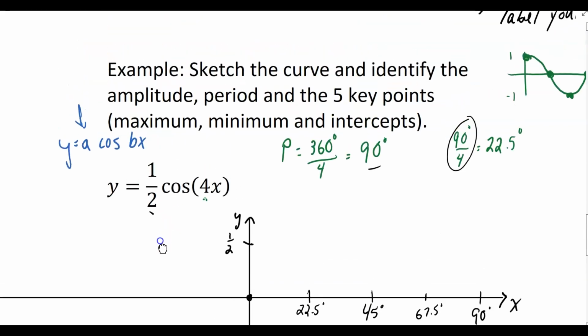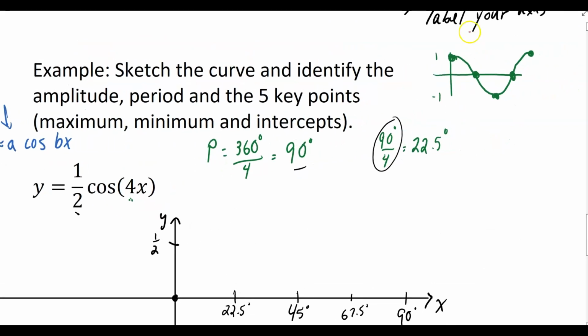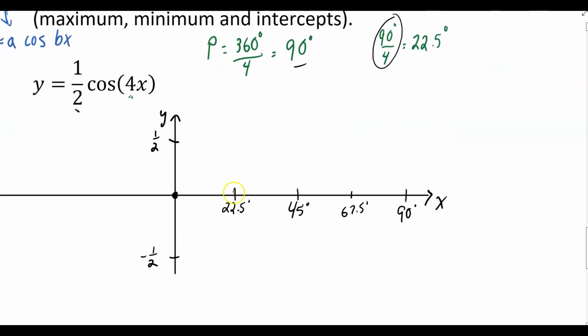We know that for y equals cosine x, we have zeros on the second and the fourth points, so they're going to be here and here. We start on a maximum, travel through that, go to a minimum, and back up on a maximum.